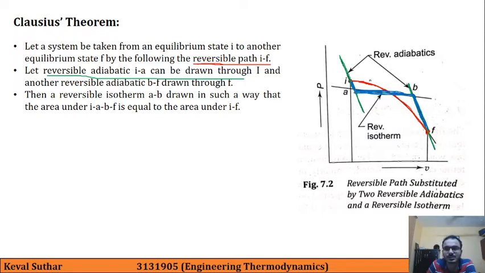As you can see here, we are replacing this red process I to F by three different processes. First is I to A, then A to B, and then B to F.